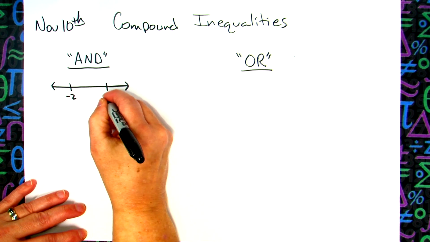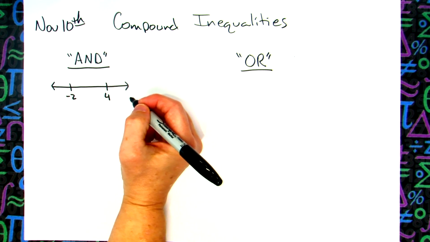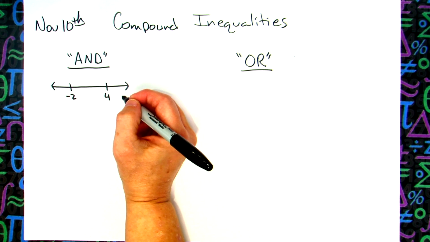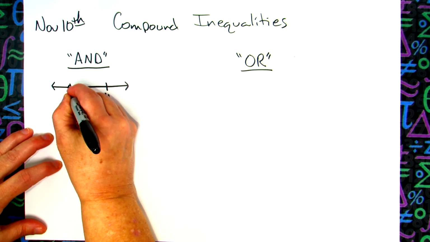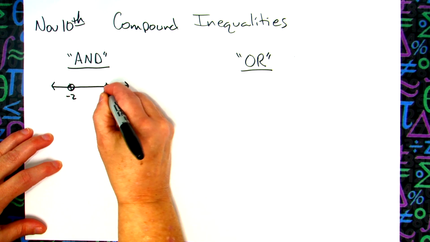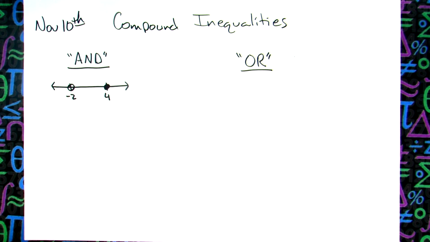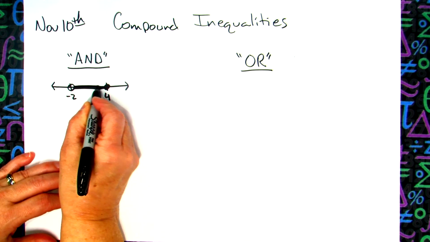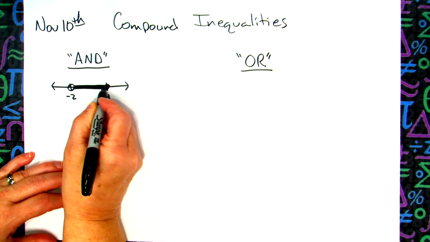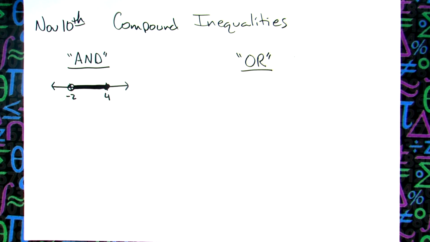It'll have a number over here on the right. You will have either open dots or closed dots, and that will be dependent upon the type of problem. So you might have an open dot here and a closed dot on this end. You could have two closed ones, you could have two open ones. It just depends on the problem. But ands are always shaded in the middle. They're always shaded in the middle. So that's what your and looks like.